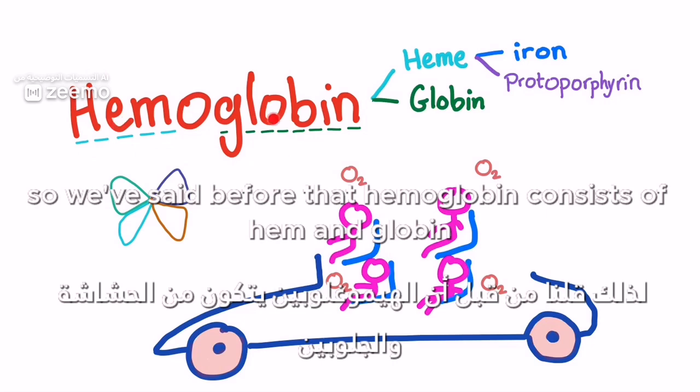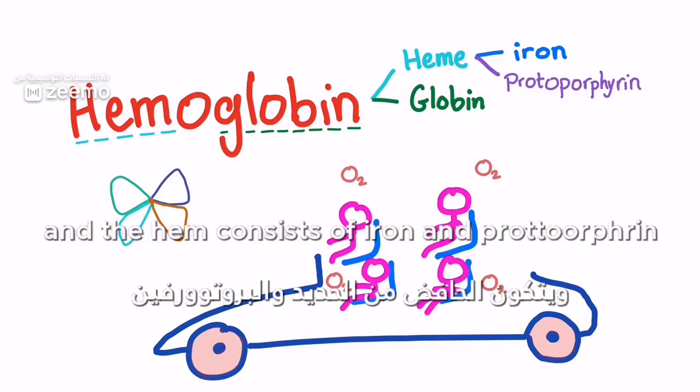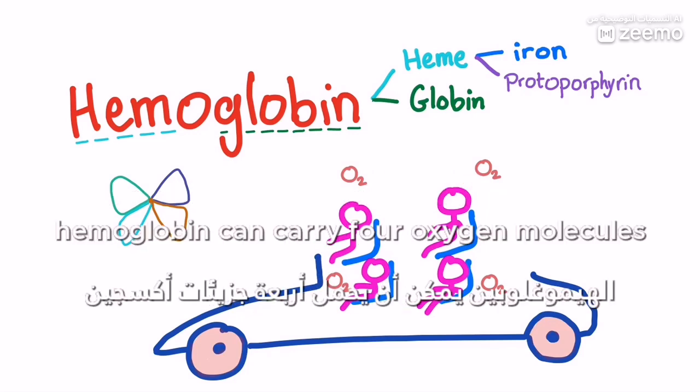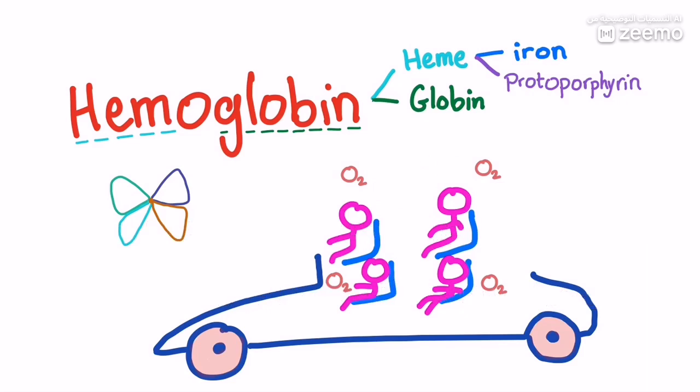So, we've said before that hemoglobin consists of heme and globin, and the heme consists of iron and protoporphyrin. The hemoglobin is a structure that has 4 sites for oxygen. In other words, hemoglobin can carry 4 oxygen molecules.